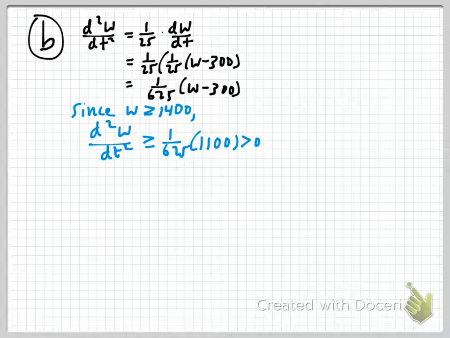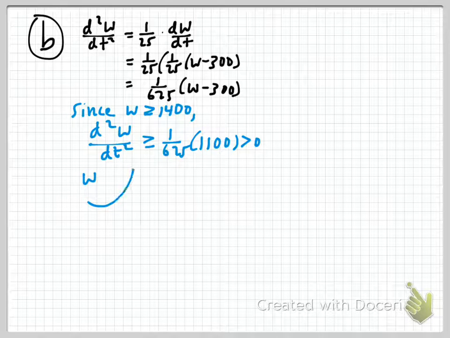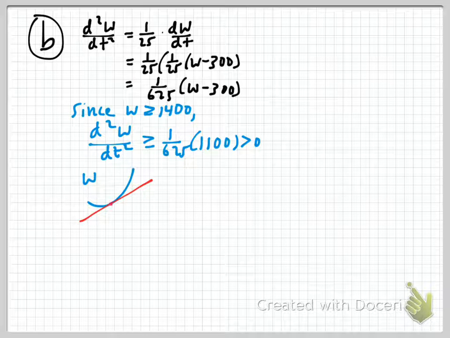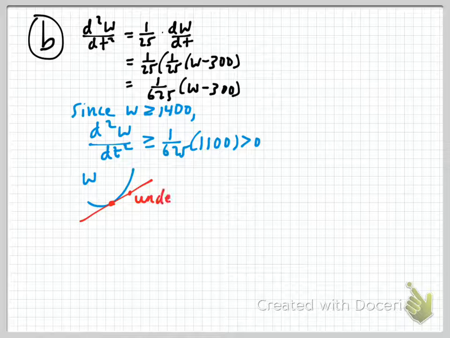So since the second derivative is positive, that means that the function W is concave up, and if we use a line to approximate the value of the function at a certain place, that would be an underestimate.